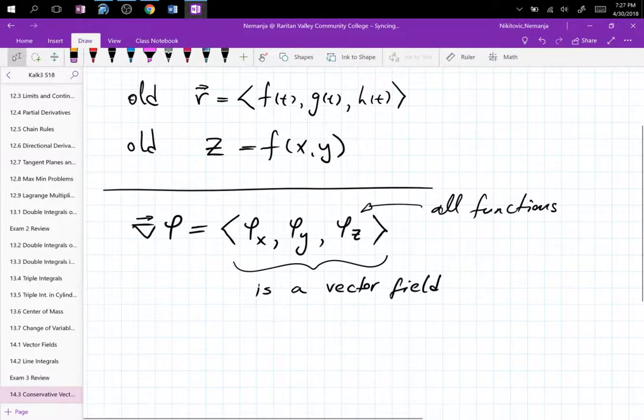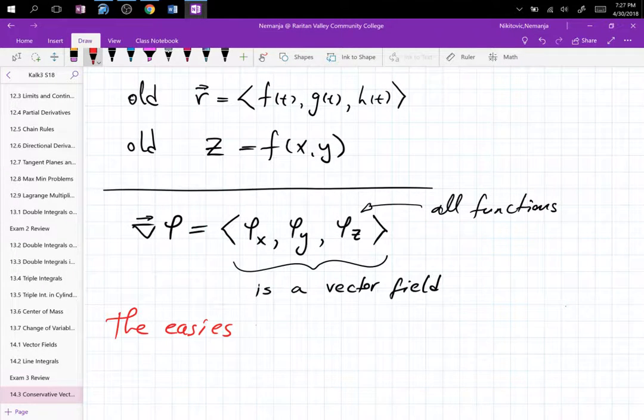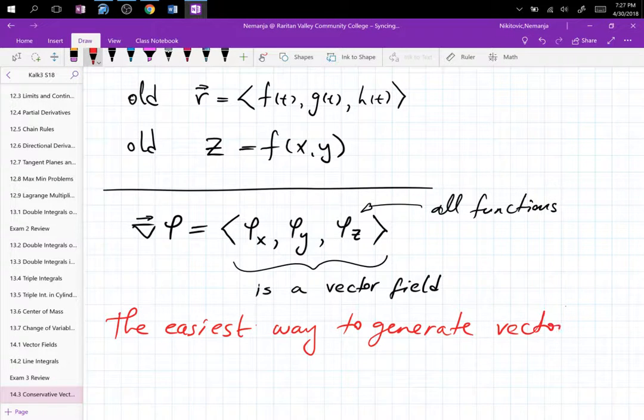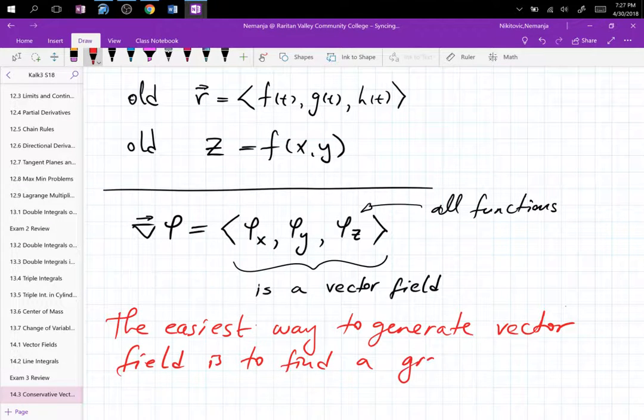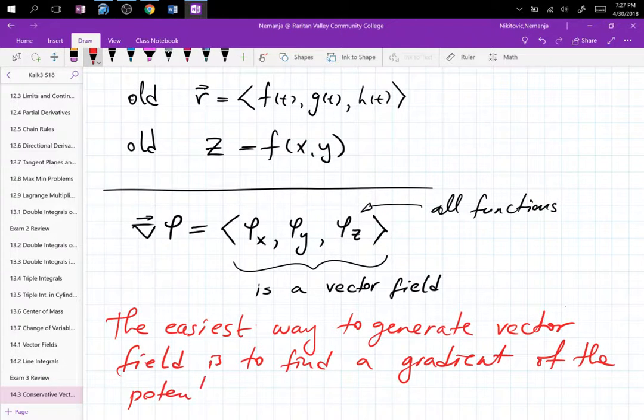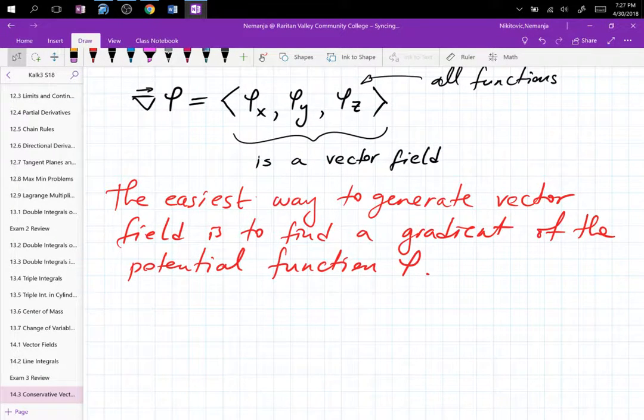So the easiest way to generate a vector field is to find the gradient of what we call a potential function phi.